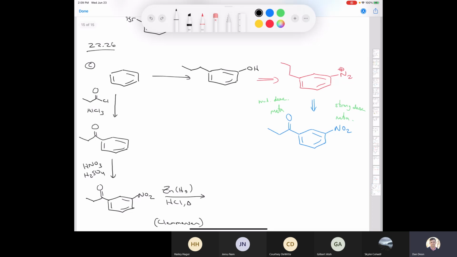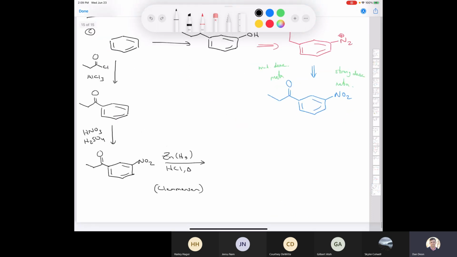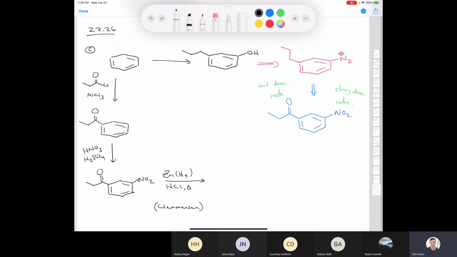If you think about nitro reduction conditions, using a metal and an acid, like in the last question, what did we use? We used iron and acid. Well, here we're using zinc and acid. So since there's zinc in the zinc mercury amalgam, it will do both reductions.